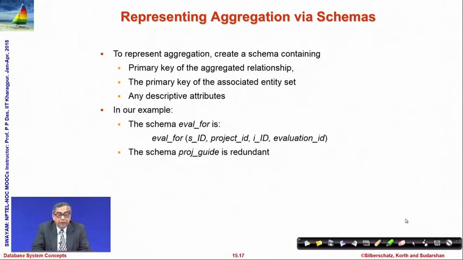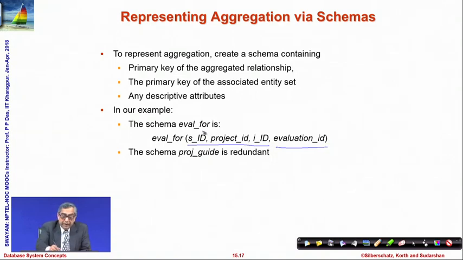In our example, the schema would be eval_for, and it will have these entities, these attributes of the aggregated or abstract entity set, which come from the student, project and instructor entities, and this is for the evaluation ID. So, we put this together.